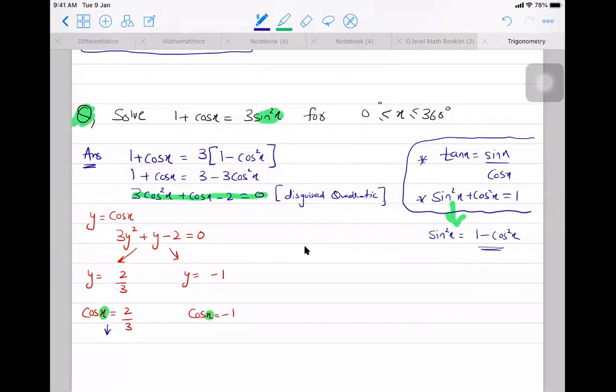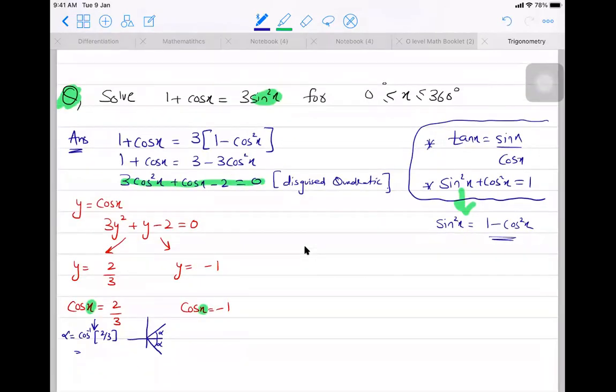Cos x is equal to 2 upon 3. So cos x is positive. Cos x is positive in the first and the fourth quadrant. So the basic angles are going to be these angles. To find the basic angle, I have to take cos inverse of 2 upon 3. So cos inverse of 2 over 3 comes out to be 48.18.